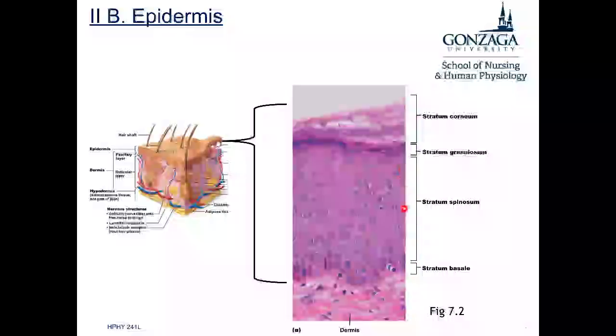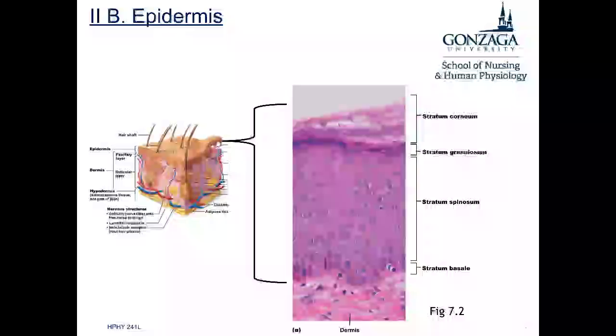Most of the epidermis is this second layer here, the stratum spinosum, growing, and these are epithelial cells that are growing and migrating outward. And then you have the stratum granulosum and stratum corneum, which is mostly dead epithelial cells.